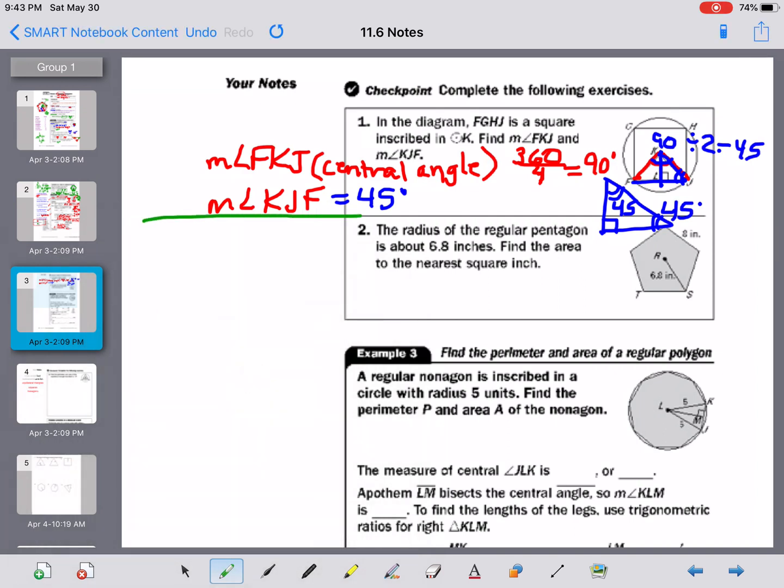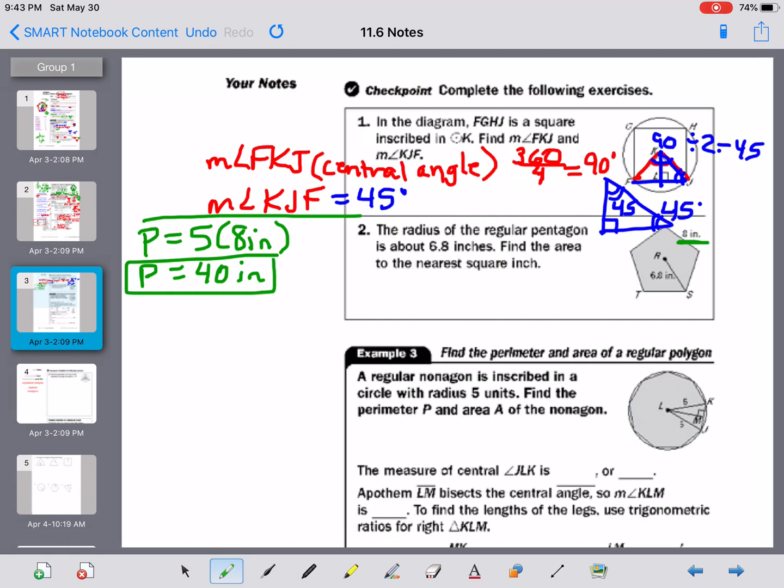I need to find my perimeter, and then I need to find my apothem. So if I know that my regular pentagon here has a side value of 8, which I do believe they give it to me, right? Yeah, they do. So my perimeter, there's 5 sides on my pentagon, 8 inches, and I get a perimeter of 40. Okay. This is half of the work I need for my area to plug in.